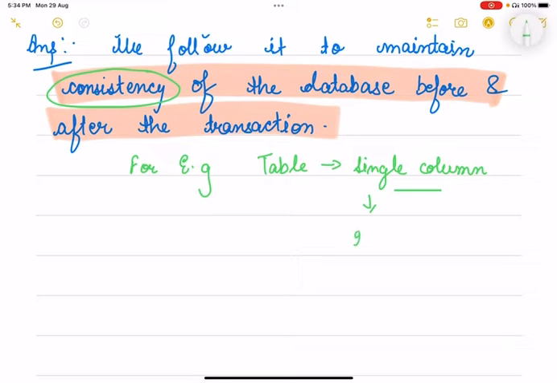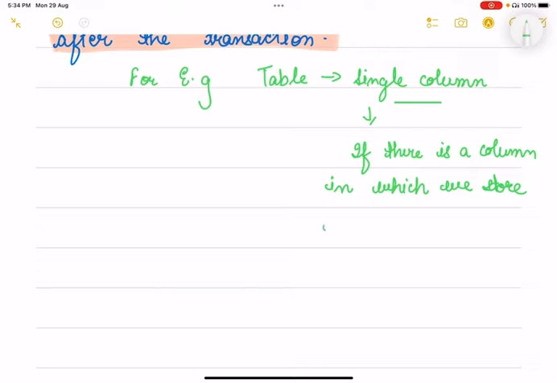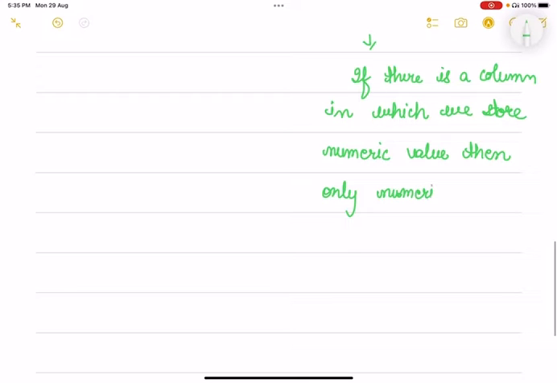What I am saying is, if there is a column in which we store numeric values, then only numeric values should be allowed, right?